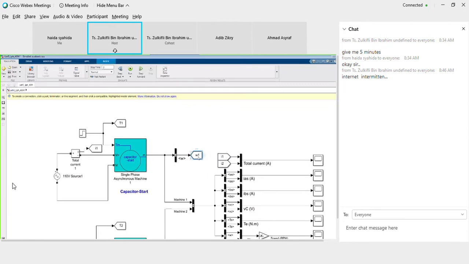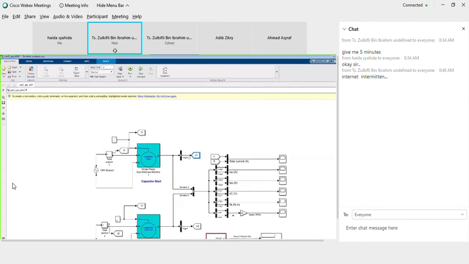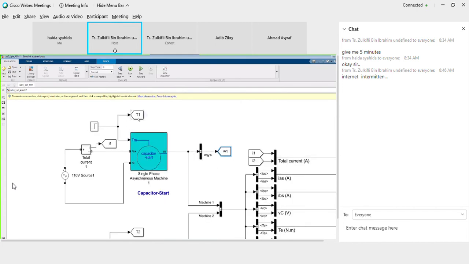W is omega, so it goes somewhere. I'll explain. This is also a tag from somewhere.